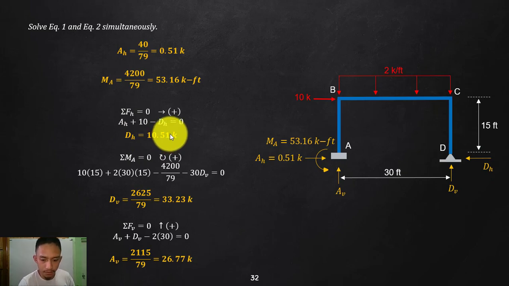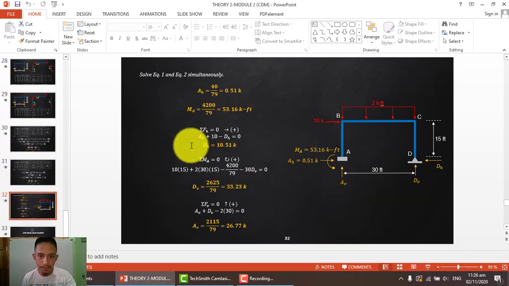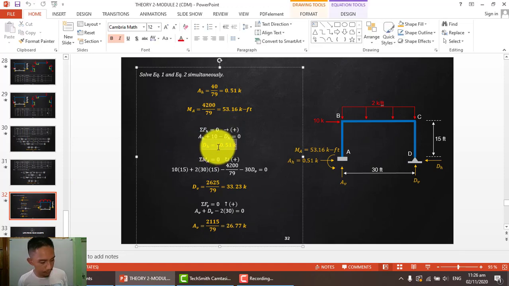10.51. Sorry, let me just change that one to the whole number so that we will have the exact values. So you have AH plus 10, so 10 plus our AH, which is 40 over 79.